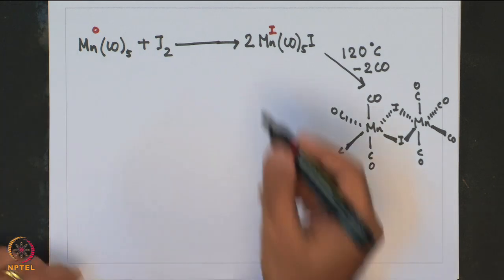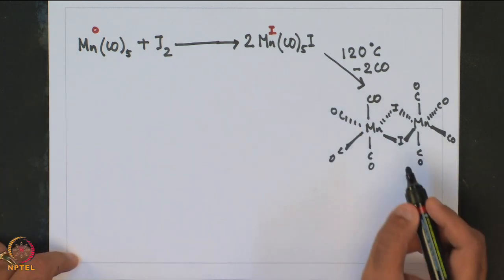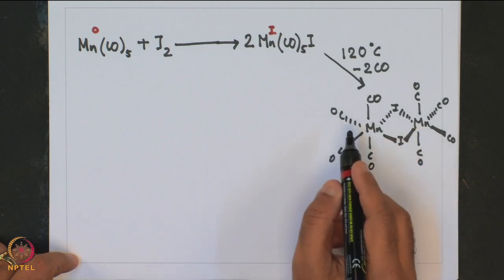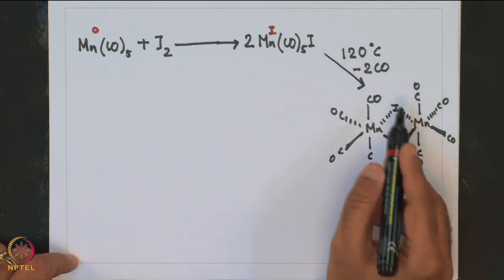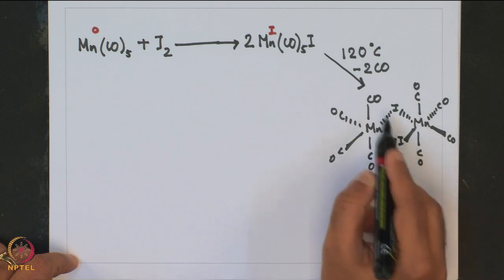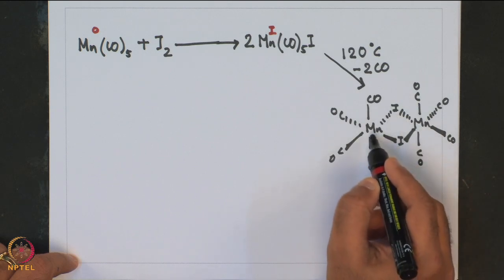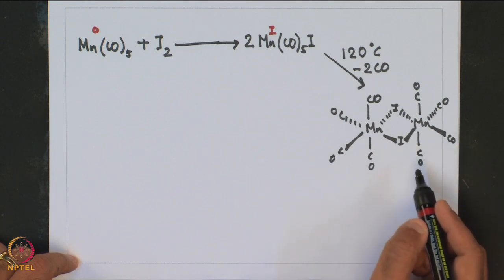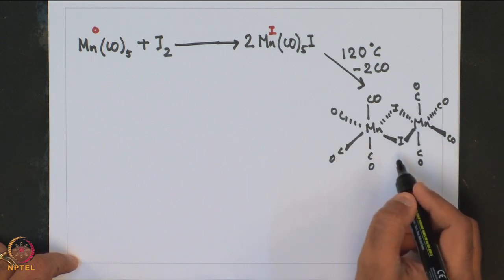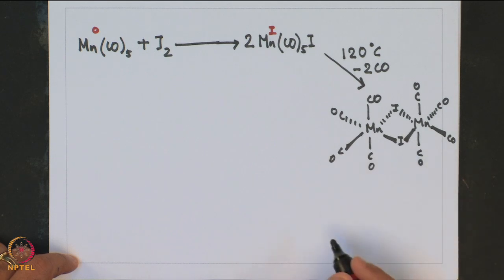So, they have turned to manganese(I) compounds, and when heated they dimerize with elimination of CO, where we have a dimeric Mn2(CO)8 compound with 2 bridging iodides.